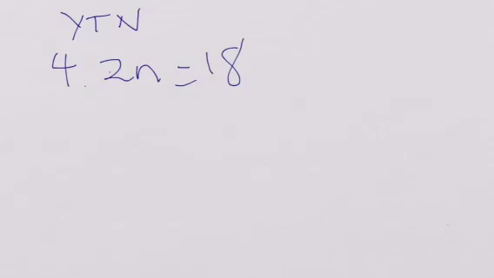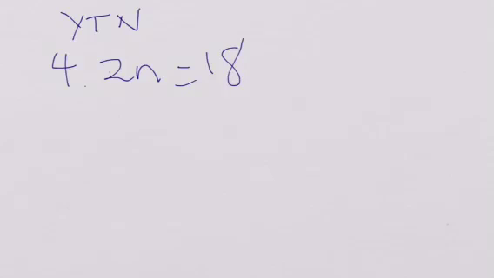Okay. Now let's try your turn. Your turn now. Number 4. It wants you to figure out 4, 5, 6, and 7. So let's see how we would do that. We have 2n equals 18.